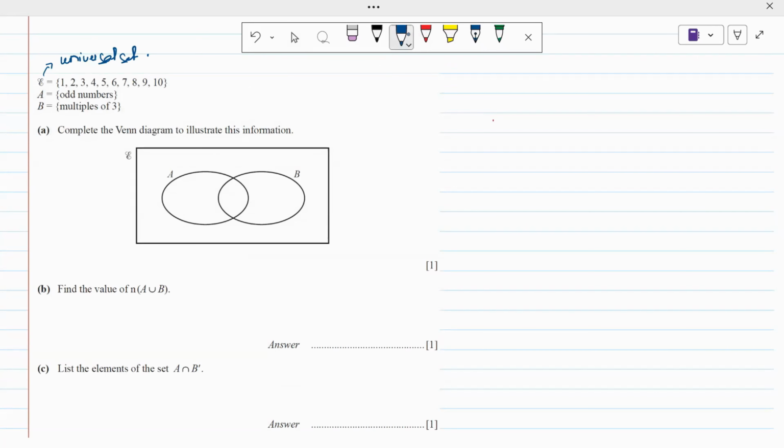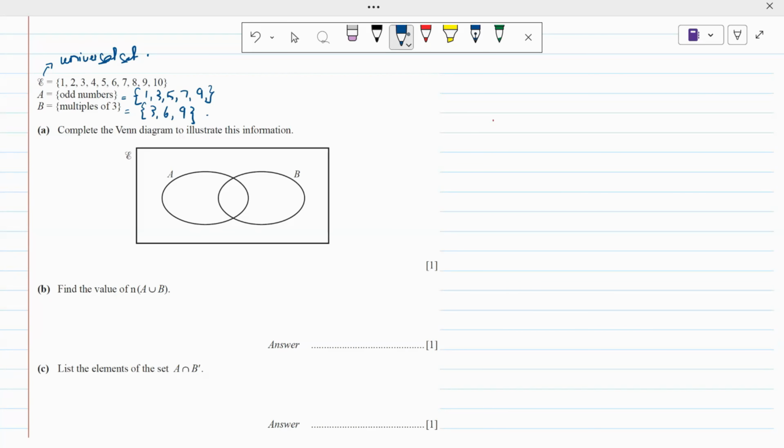Set A is odd numbers, set B is multiples of 3. It's always better to list down the elements first. The odd numbers in this universal set range are 1, 3, 5, 7, 9. That's it. Multiples of 3: look at the 3 times table and remain within the universal range. So 3, 6, and 9 only.